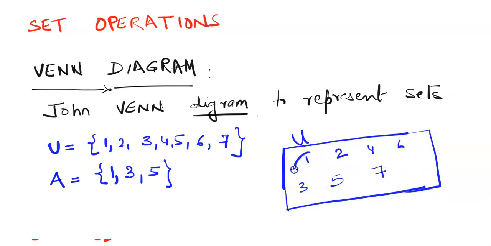And within that there is a set A which is 1, 3, and 5.